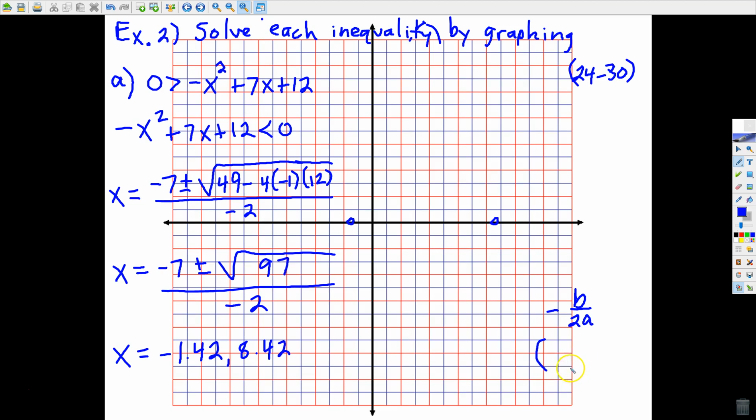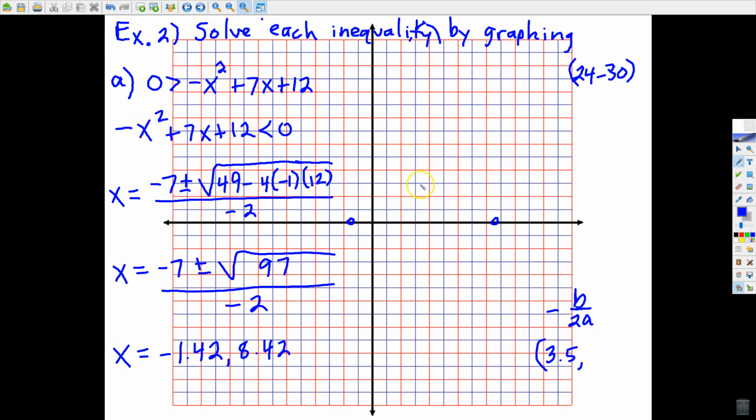You've got the opposite of b over 2a. 7 halves, 3.5. Okay. And go ahead and plug that number in. And let's get the y. Okay, 24 and just a little bit more.